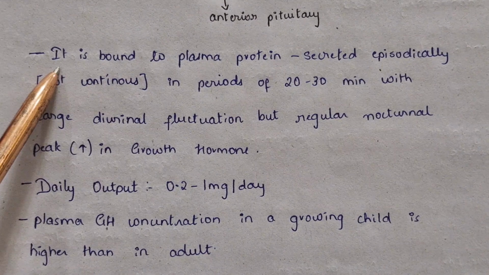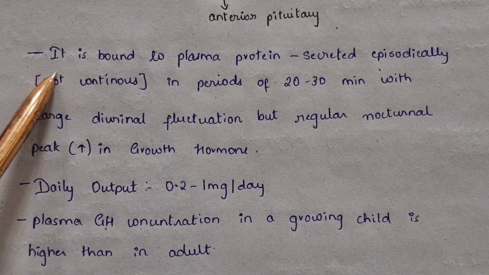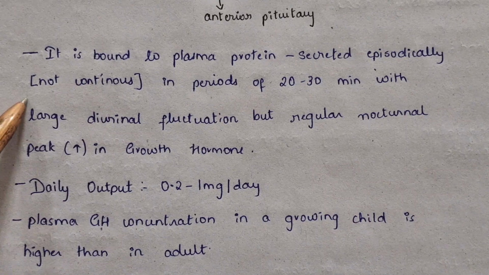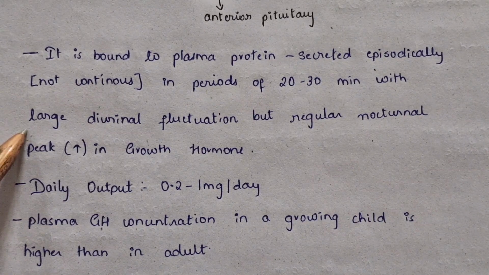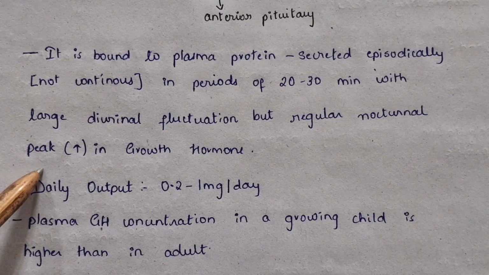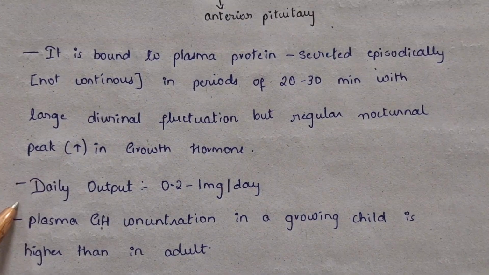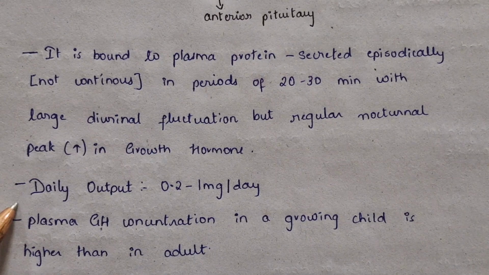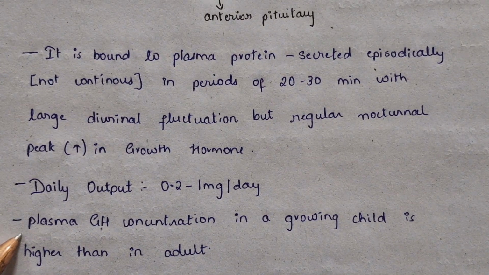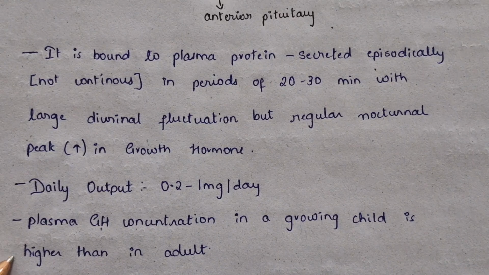It is bound to plasma protein and secreted episodically in periods of 20 to 30 minutes with large diurnal fluctuation, but regular nocturnal peak increases in growth hormone. The daily output is 0.2 to 1 mg per day. Plasma growth hormone concentration in a growing child is higher than in an adult.